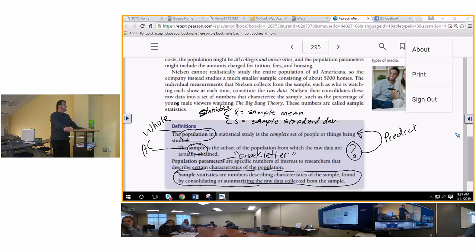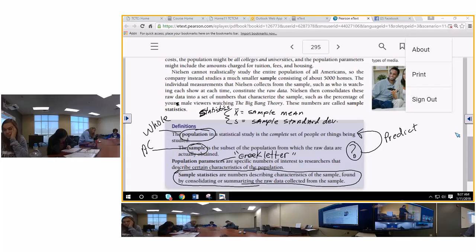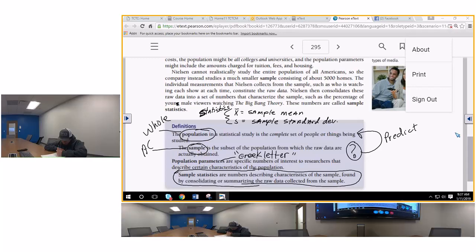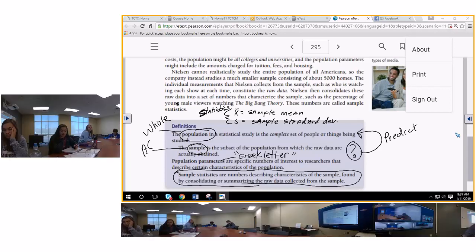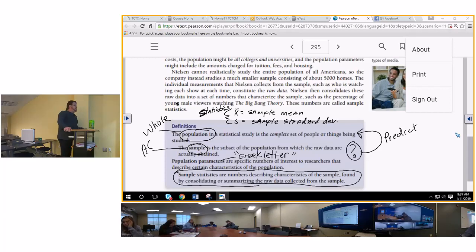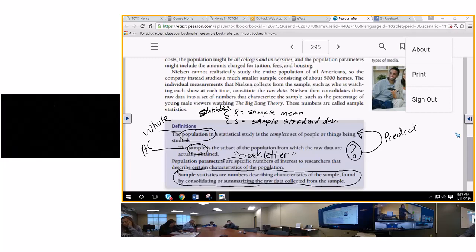If you see a Greek letter, mu, gamma, sigma, any of those letters, which you're going to see in this class, you know it has to deal with the population. So regular letters go with the sample. Greek letters go with the population. And that is a test question.